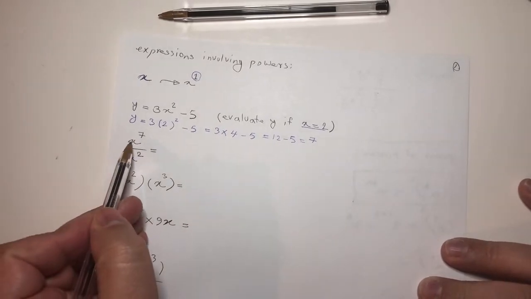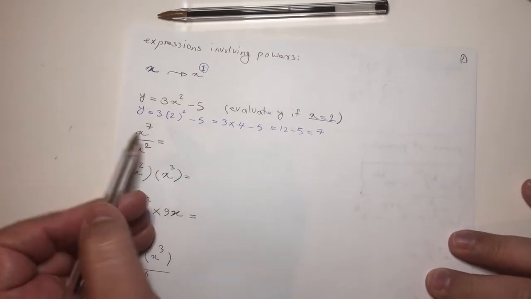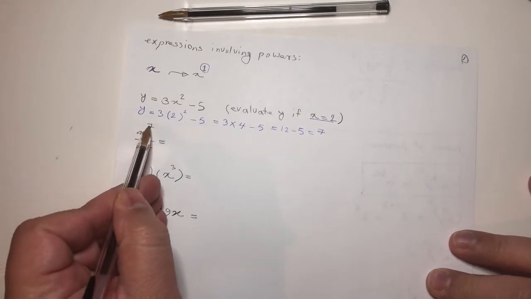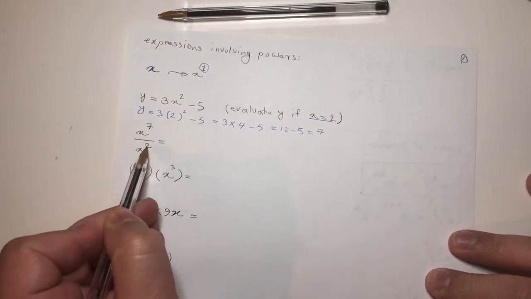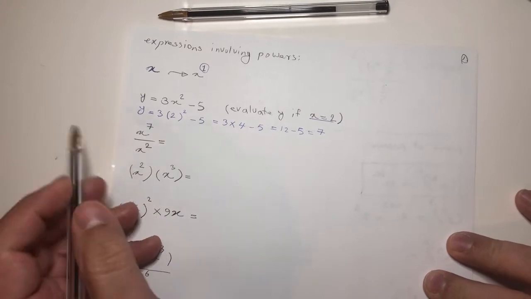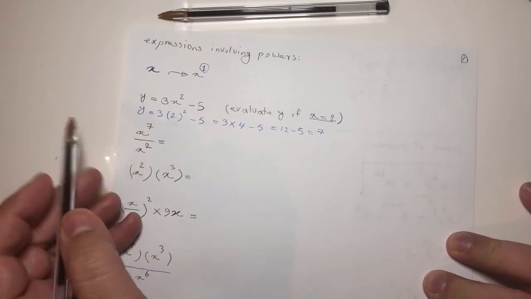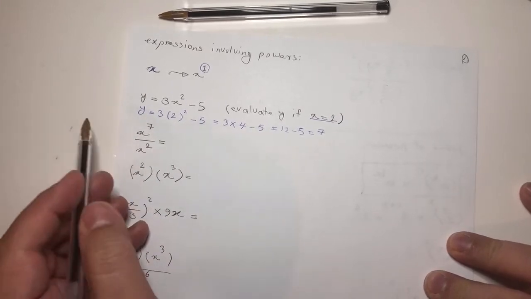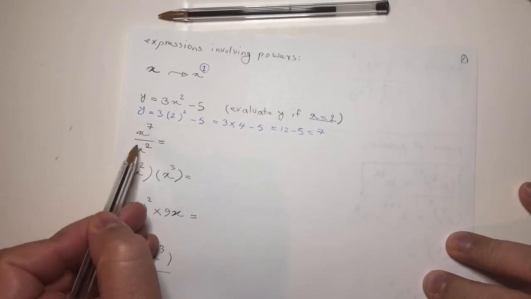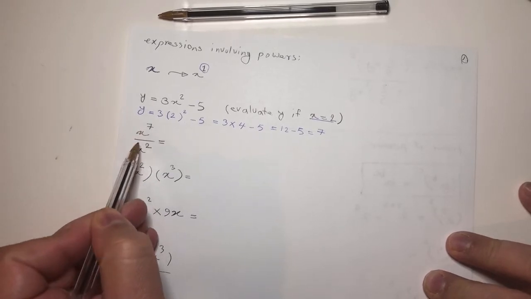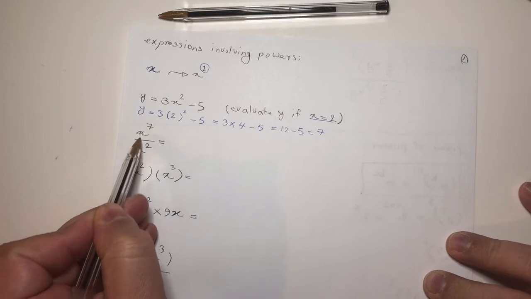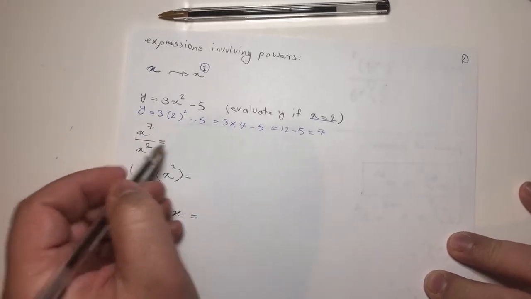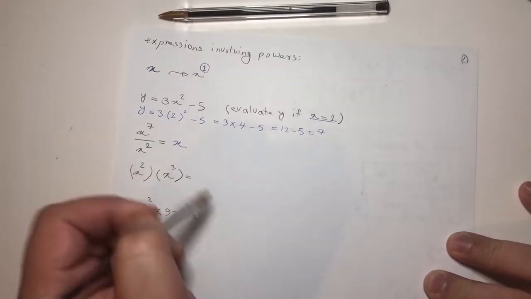Now let's look at the other example. x to the power of 7 divided by x to the power of 2. From the previous video, you learned that when the bases of the two exponentials are the same, we can write one of them, okay?